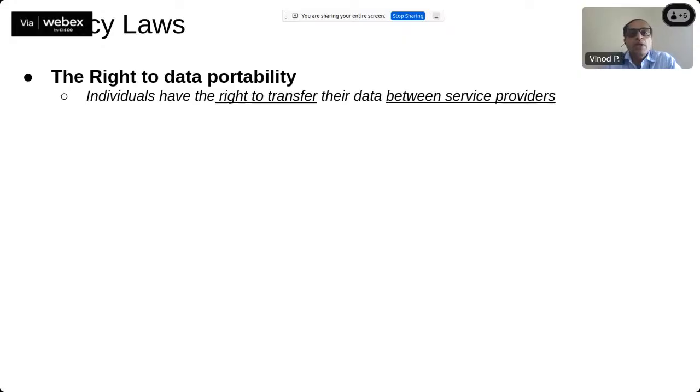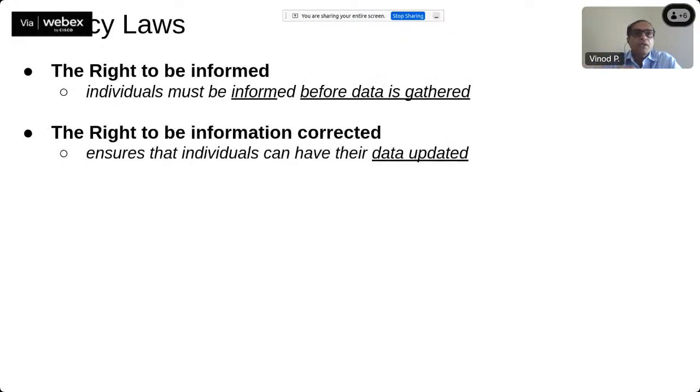As an individual, I have a right to say that company A, which was using my data, can transfer my data to some other service provider, let's say company B. So the whole authority or power is held by the individual.